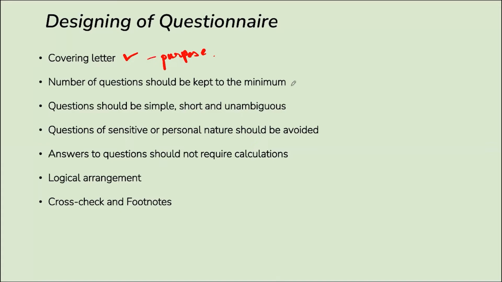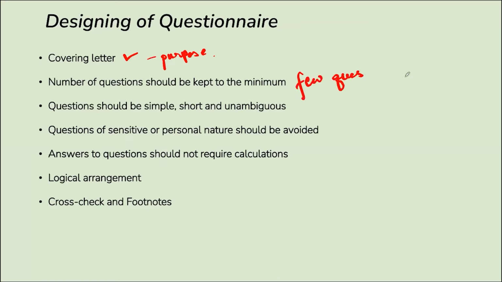Because the fewer the questions, the greater the chances of getting a better response. If you have few questions, all the questions will be answered. But if there are too many questions, then the respondent will feel disinterested.